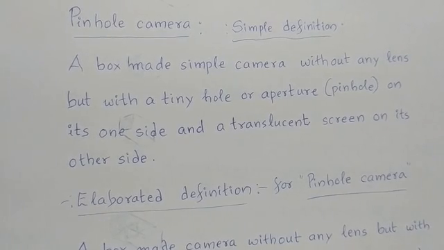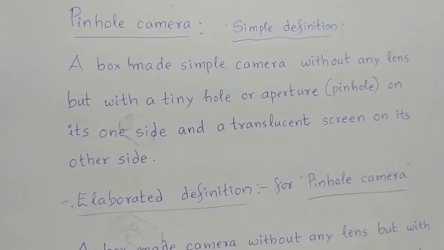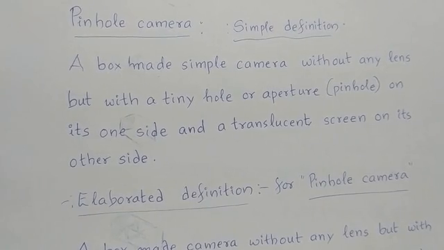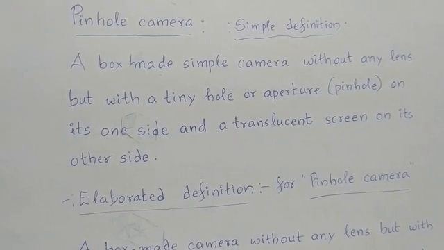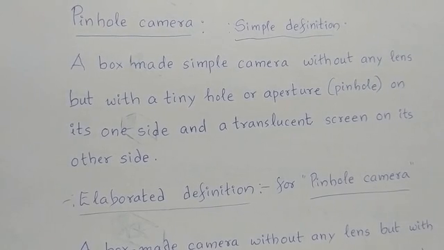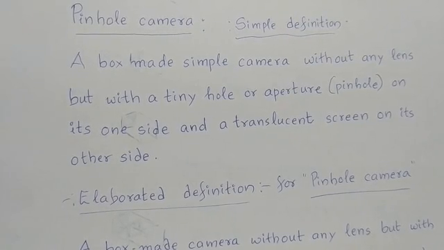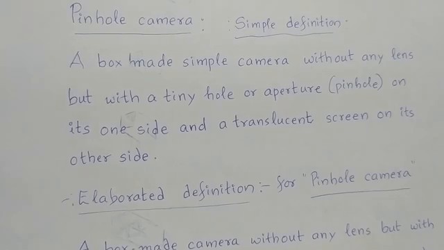So this box made camera is not having any lens, but a tiny hole or a pinhole is present on its one side, and a translucent screen like tracing paper.